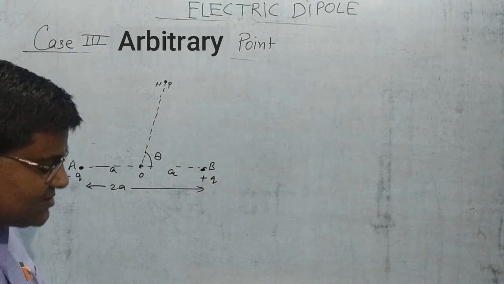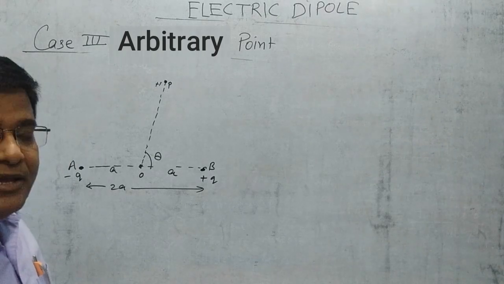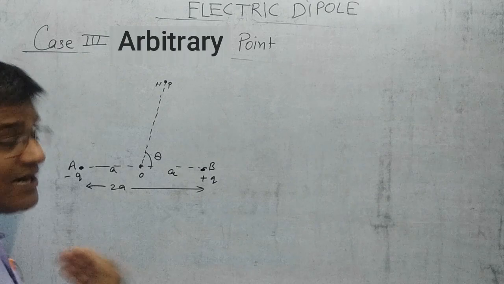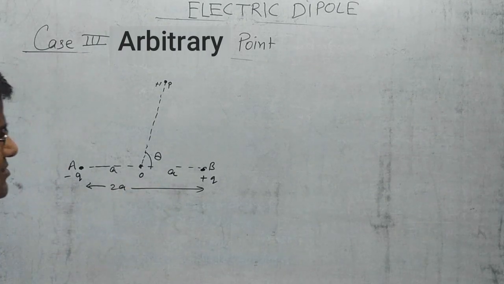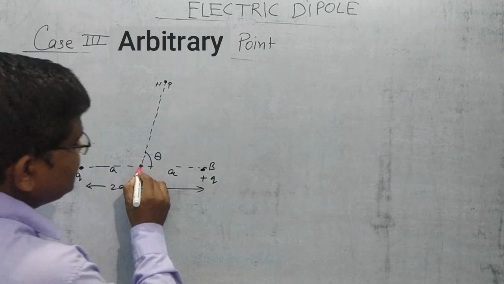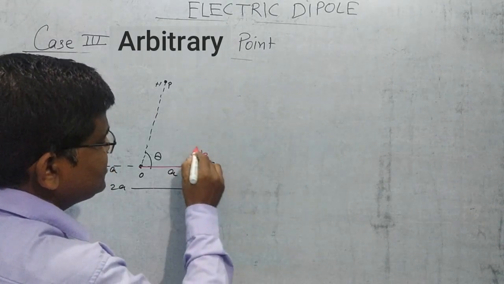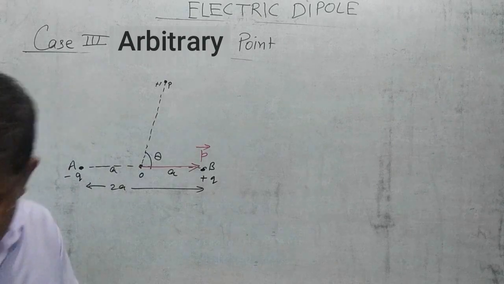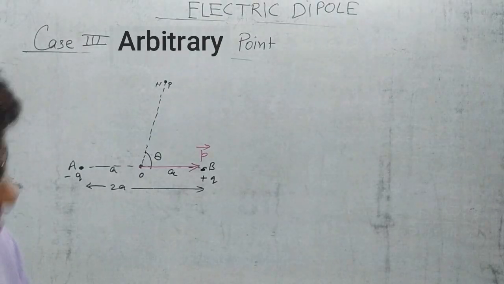For this I use another method to find the electric field in this case. Suppose the electric dipole is in this direction. This is the electric dipole moment, and I want to draw two axes.